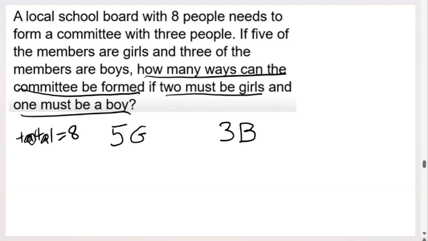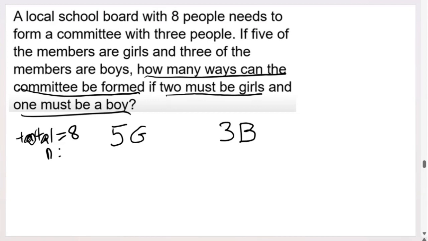So there are 2 variables, but they are still the total. Imagine they are just splitting the total according to each gender. We're not talking about the order, we are just talking about each gender. So there are 5 girls and 3 boys. That is our total, so this is our N.